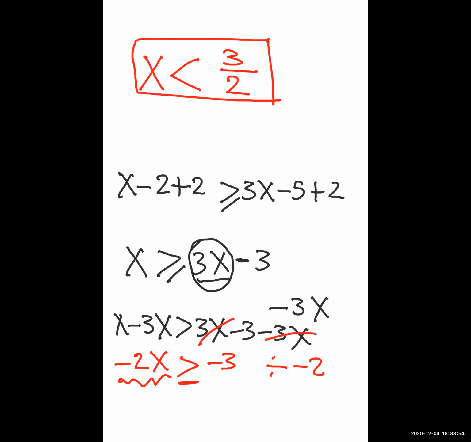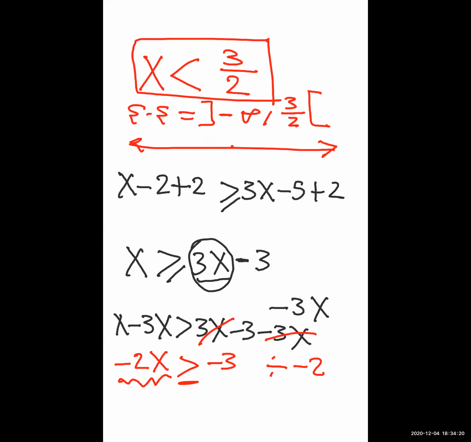Okay, guys, are we clear? Yes. So now the solution set will equal x less than 3 over 2. This means negative infinity and 3 over 2, and of course both sides are open. Now represent it on the number line.